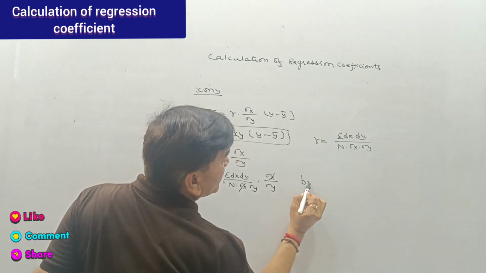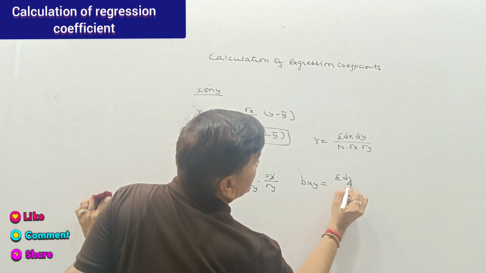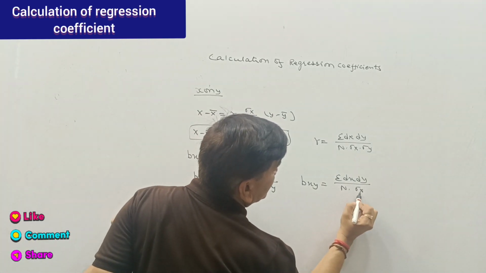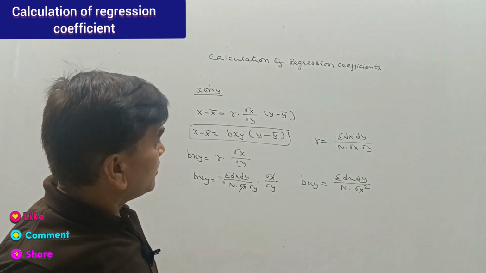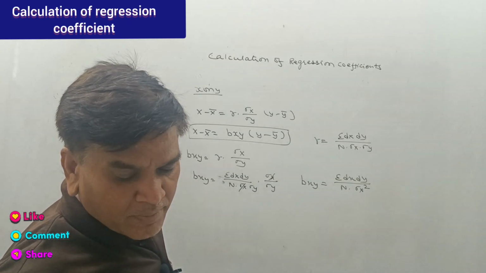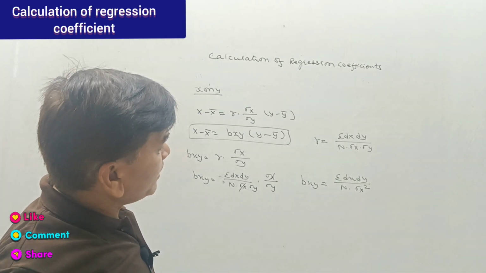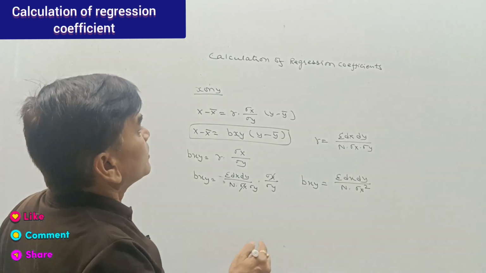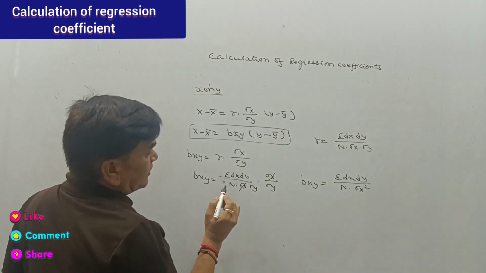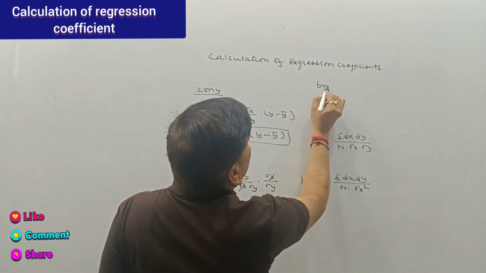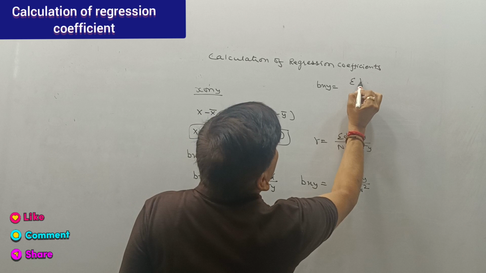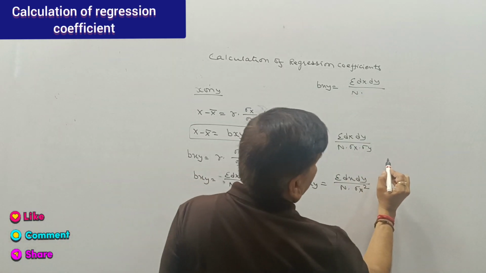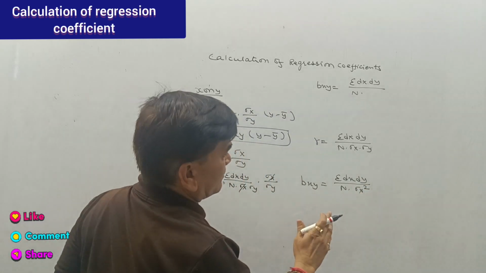So the value of bxy will be sigma dx dy divided by n multiplied by standard deviation x raised to power 2. We will have another form of this also.